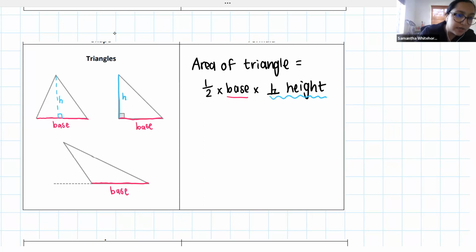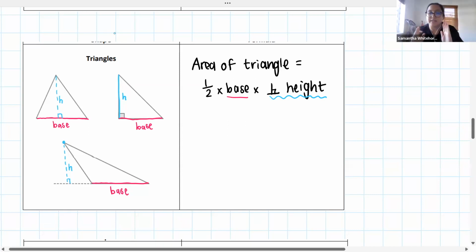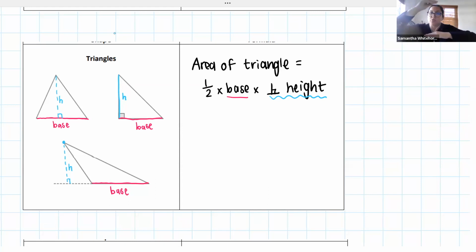In my obtuse angle triangle, from my base to the tallest point of my triangle, my height technically would fall outside my triangle, but it's still the height of my triangle. It's still from the base to the tallest point of my triangle that I would use to work out the area. We wouldn't include this dotted space as my base because that's not part of my triangle. We keep the base exactly as it is, and we work out the height from the base to the topmost point of my triangle.